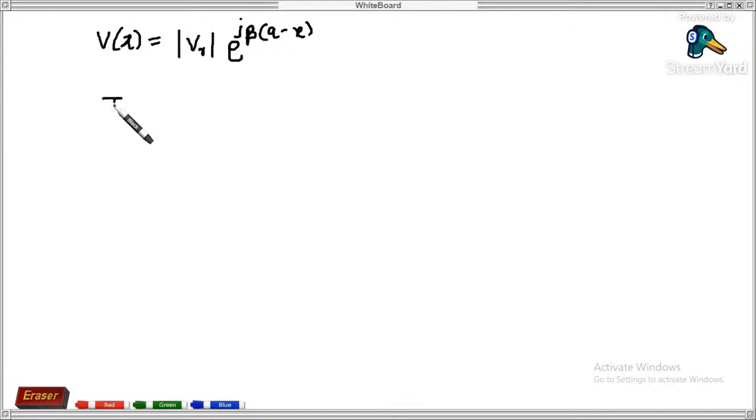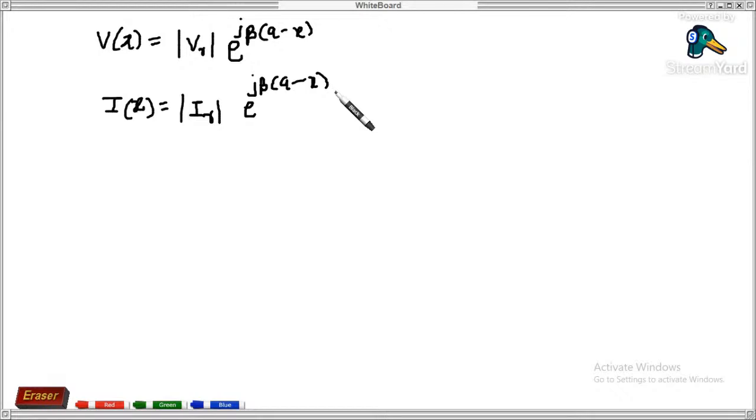Similarly, I of x is equal to its magnitude, that is IR, angle e raised to j beta (A minus x).